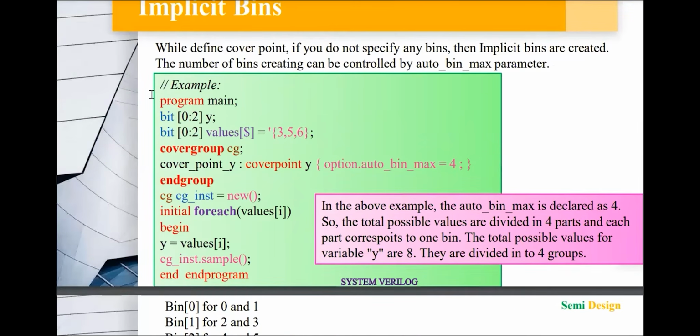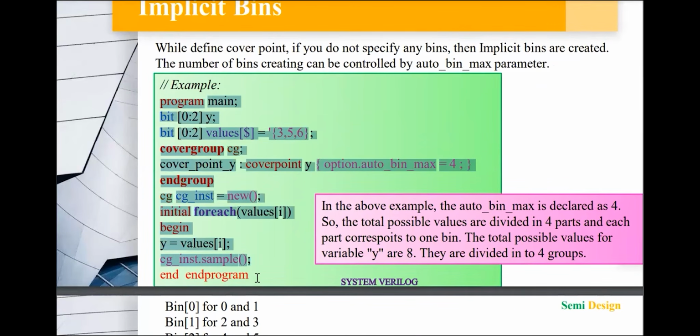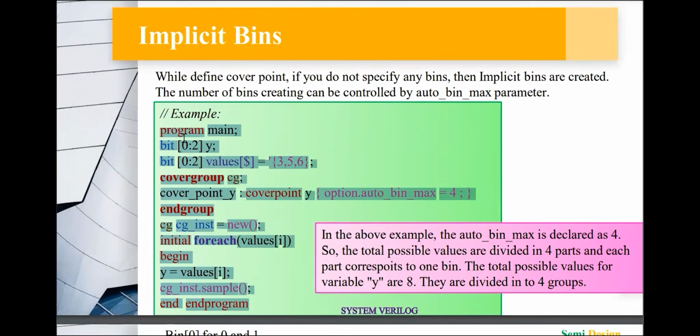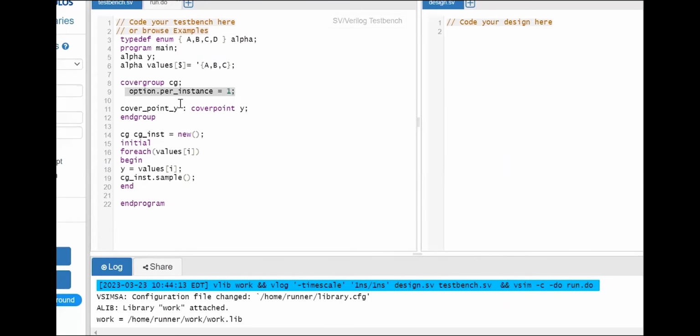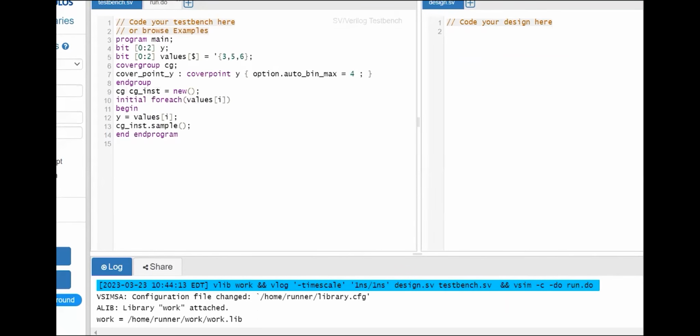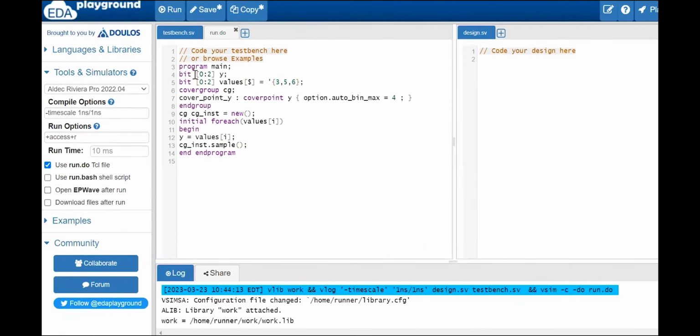So see here, implicit bins. What is meant by implicit bin here? Program main, bit [0:2] y, bit [0:2] values, whatever we have taken before.